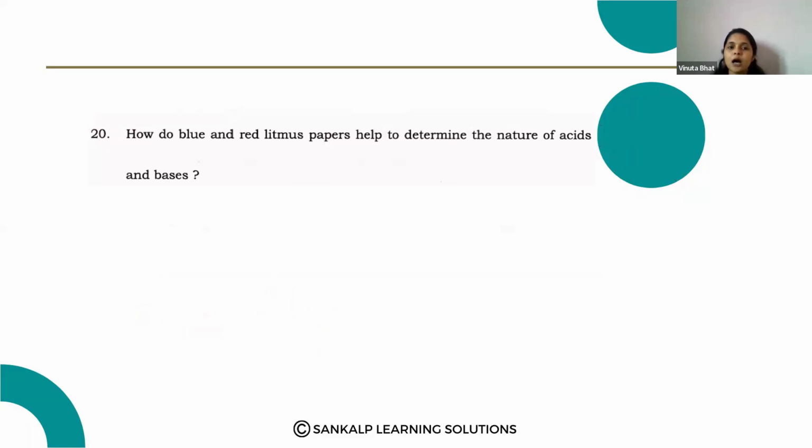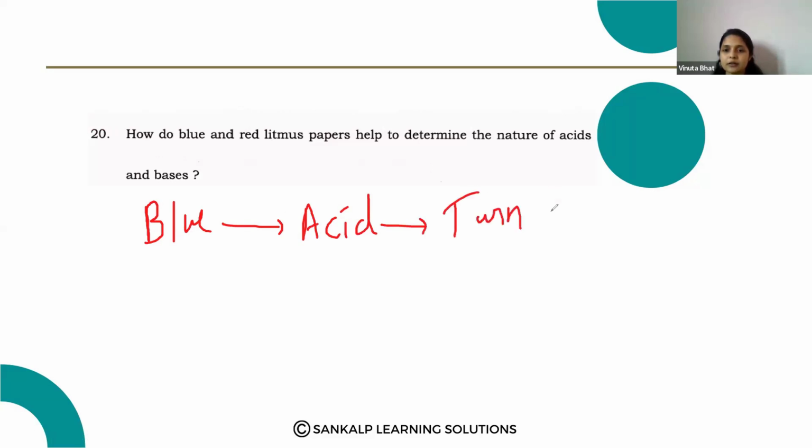Next question. How do blue and red litmus papers help to determine the nature of acids and bases? Here, when blue litmus paper is dipped in an acid, it will turn red.